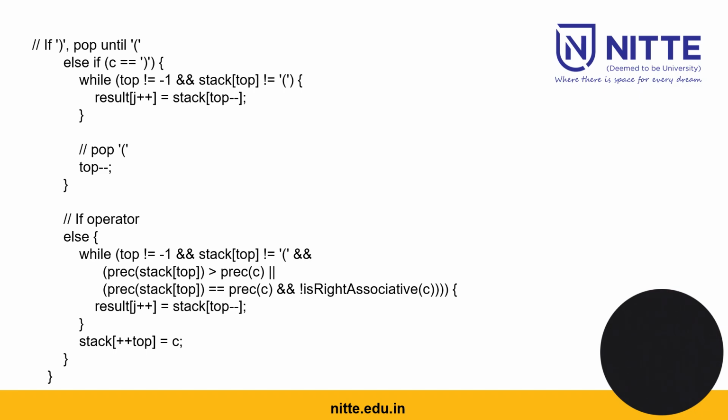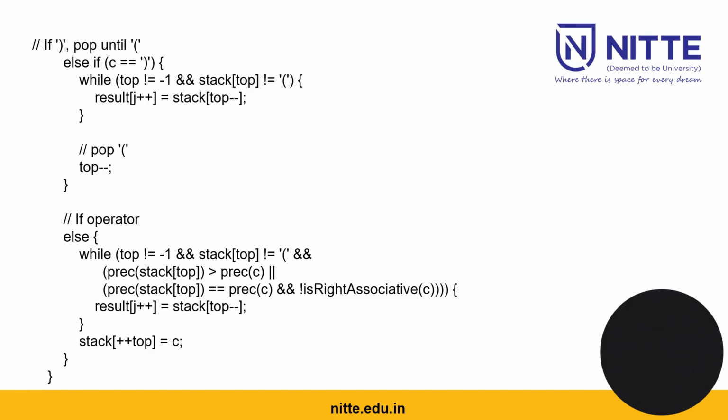That means I am decrementing the stack index by 1, removing that element from the stack and assigning it to the result. So j plus plus at the result side, result of j plus plus, whatever I have removed from the stack.